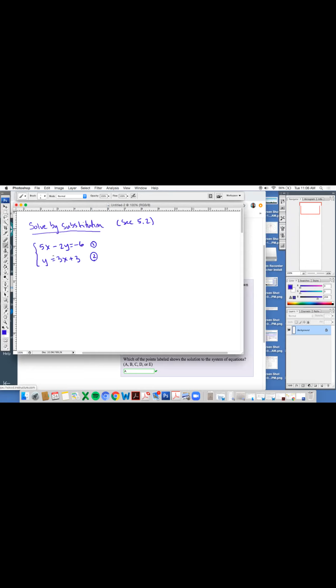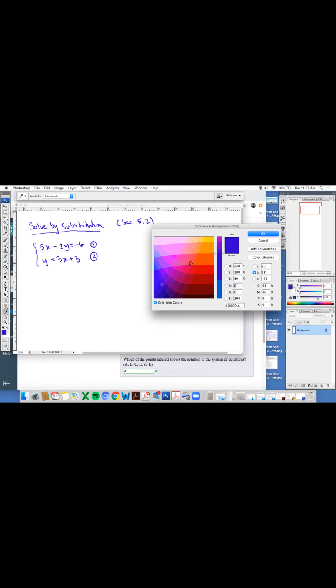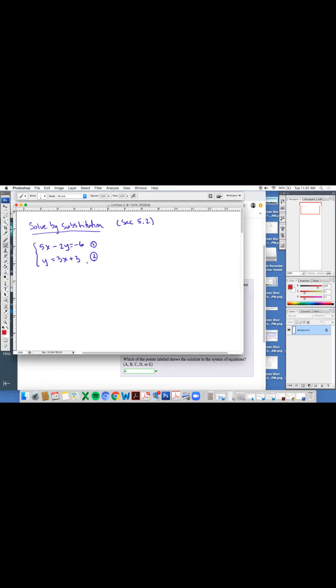Okay, so substituting means that you're going to get the solution algebraically by solving equations. The problem here is we have two equations with two unknowns, so you don't really know what x and y are. You can guess and check, but you don't want to do that. It's a long process. So substituting means that you're going to plug one equation into another.